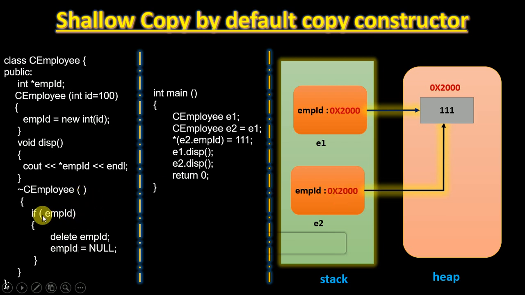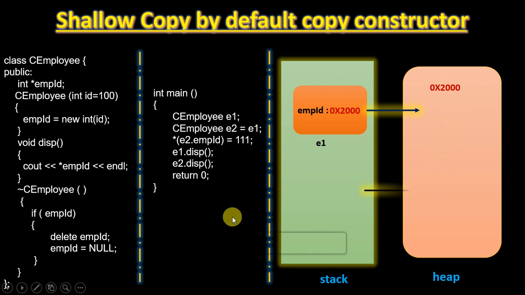In the destructor, we are checking if EMP ID is not null. EMP ID is having some value, so then we do delete EMP ID, and EMP ID equals null. When we say delete EMP ID, EMP ID is pointing to this memory location, and that will be freed. After that, the object will be destroyed.